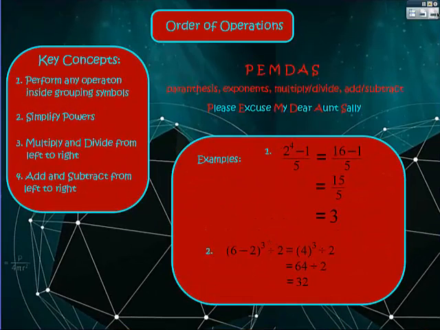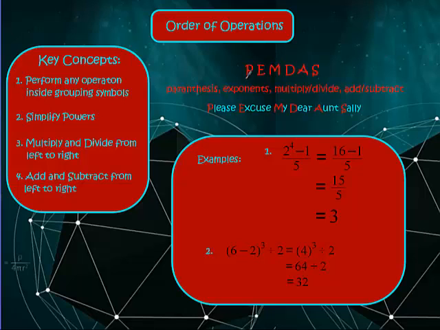Alright, so we're going to want to use all of this idea of simplifying when we deal with numerical and algebraic expressions. But before we can do that, we have to establish a set of rules or an order by which we perform all these operations.